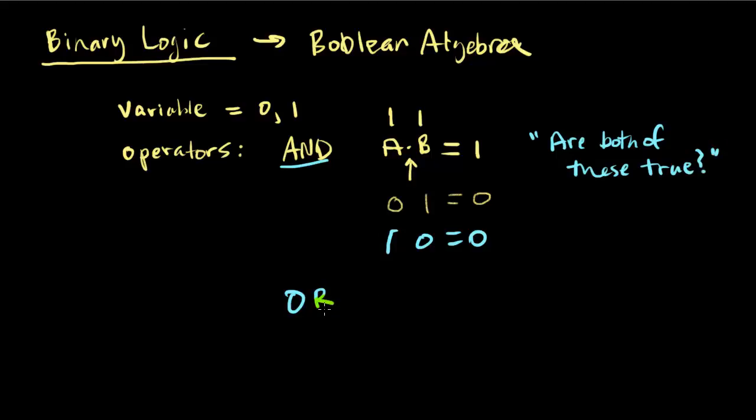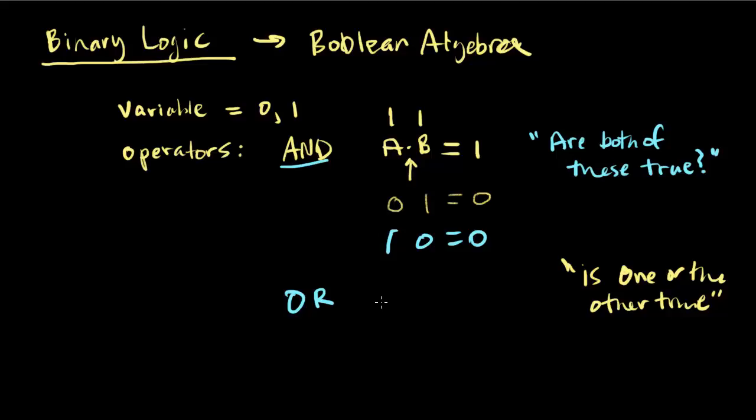The OR operator says, is either of these true? Is one or the other true? And notice we're always talking about one or the other, or a binary state. We're testing between two things.